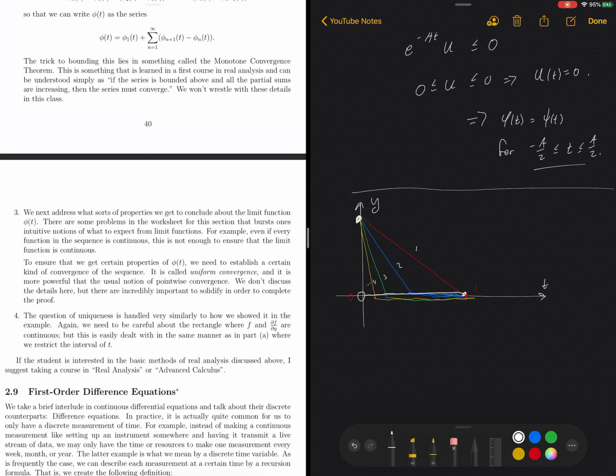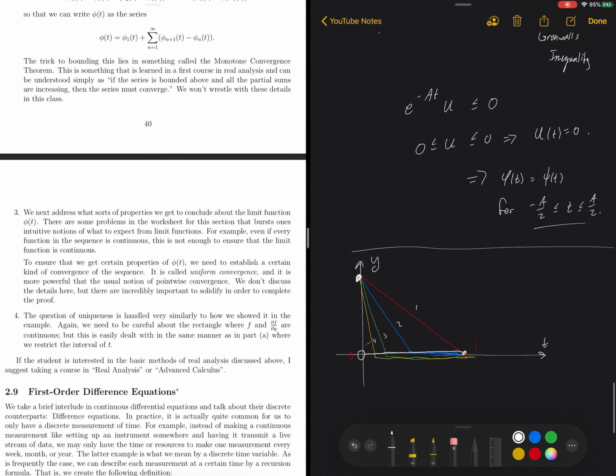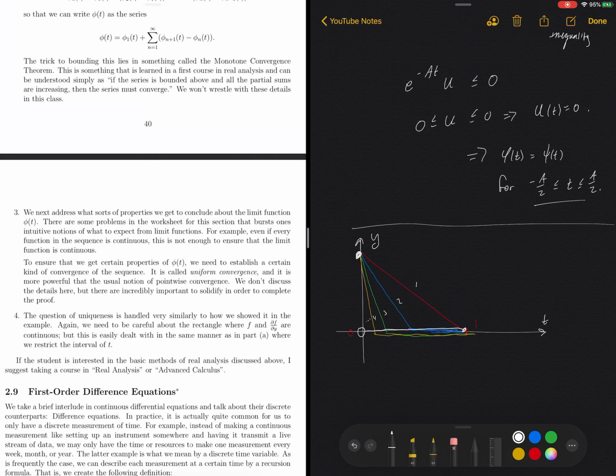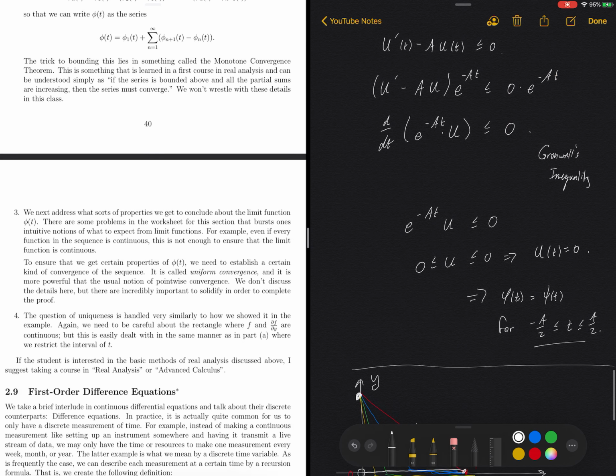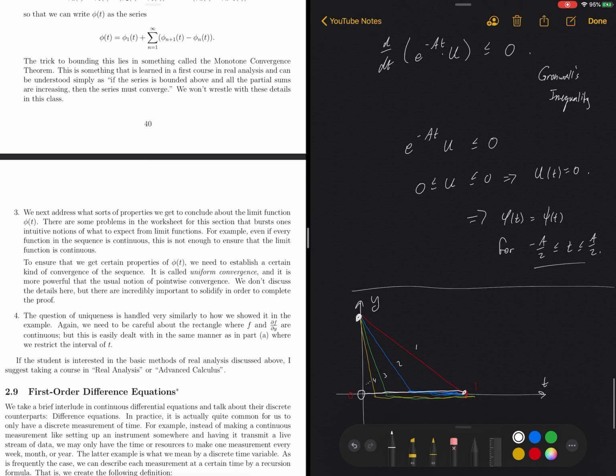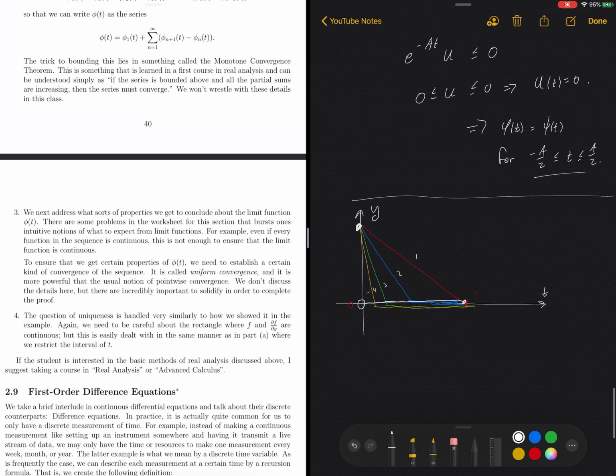And finally, the question of uniqueness is handled very similarly to what we did in the earlier half of this video. We're just going to have to make sure that we restrict the t domain to a sufficiently small interval, and that will make sure that this a, up here on the right, lets us solve this differential inequality.